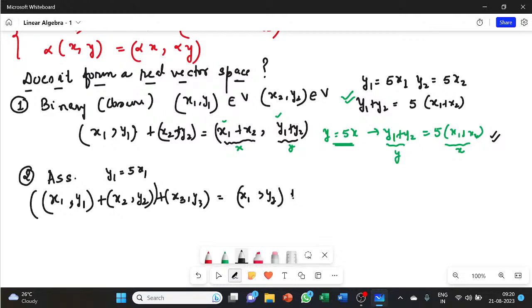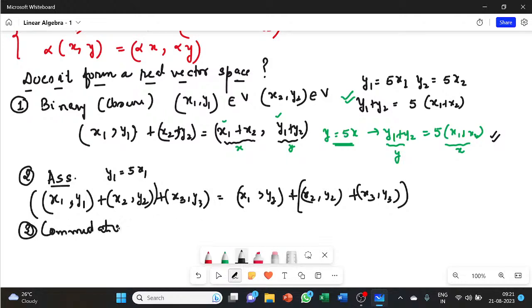This is quite easy to verify, so I'm not going to verify it for you. So associativity holds. In fact, you can clearly verify yourself that commutativity also holds over vector addition. Both of these I'm leaving up to you.